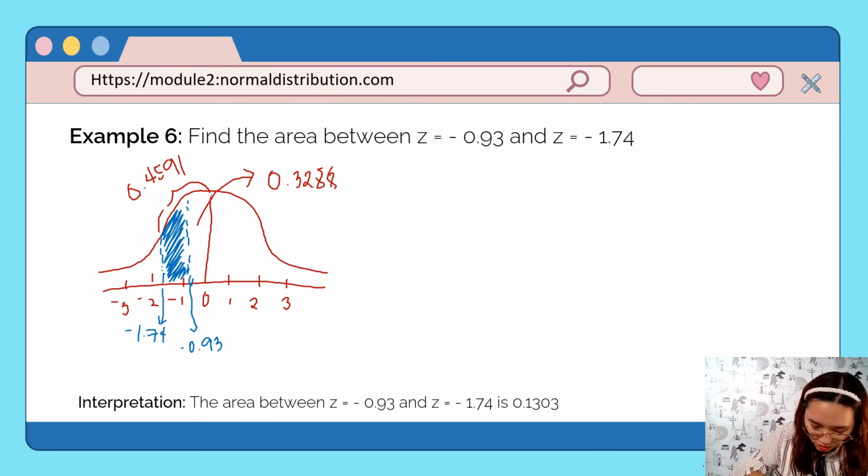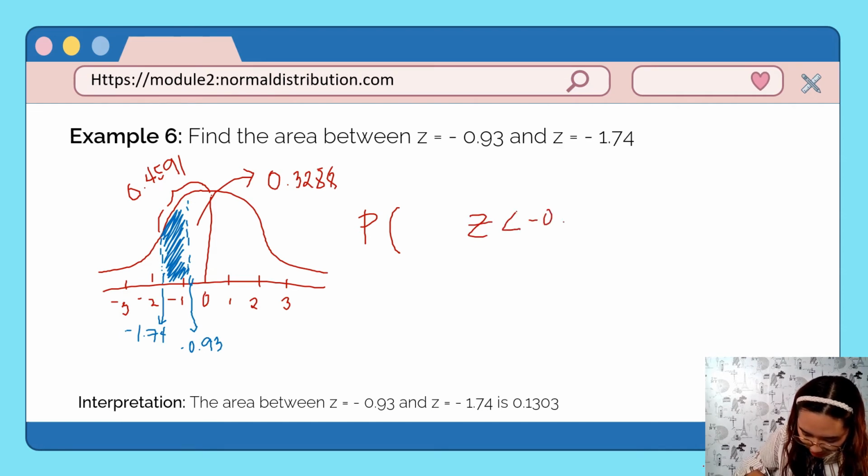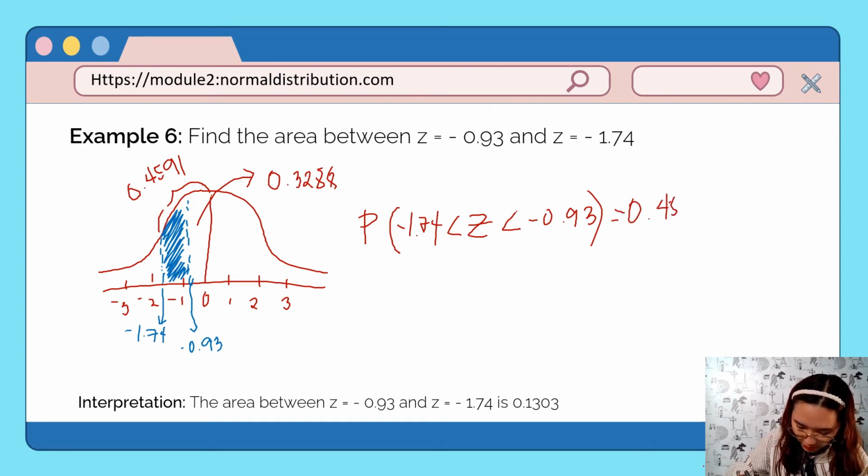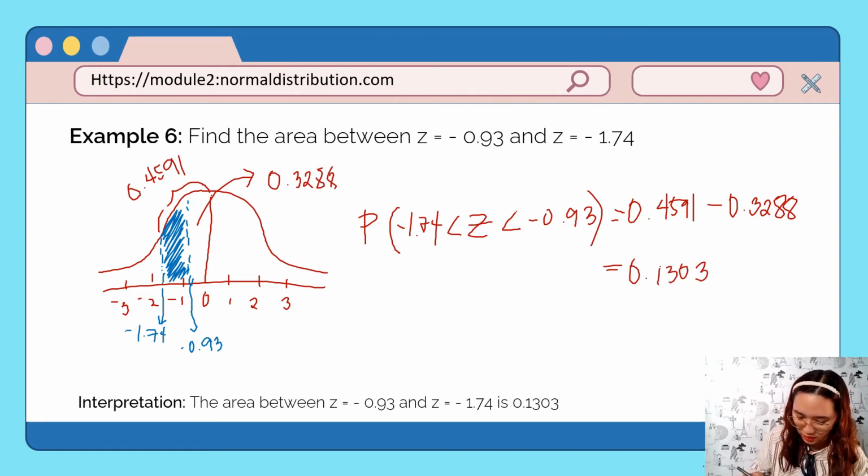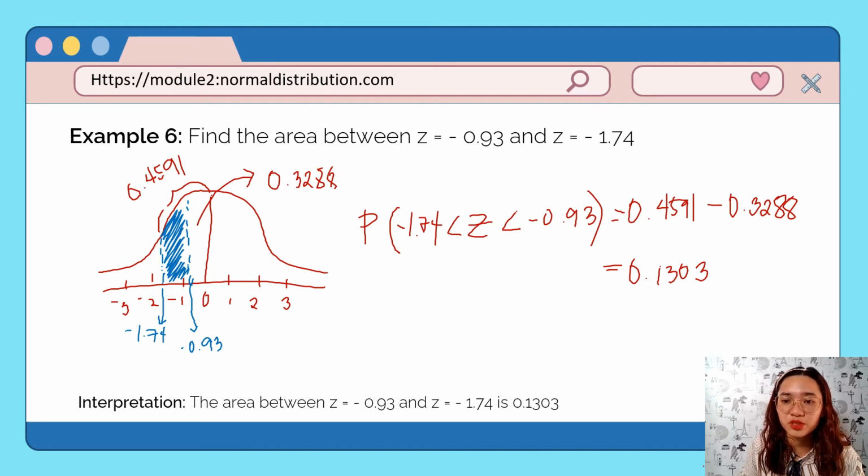So, using probability notation, ang hinahanap po natin is the less than ng negative 0.93 but greater than kay negative 1.74. Ayan. So, yun po yung hinahanap natin. So, i-minus lang 0.4591 minus 0.3288. 0.1303. So the area between negative 0.93 and negative 1.74 is 0.1303, or that is 13.03%.